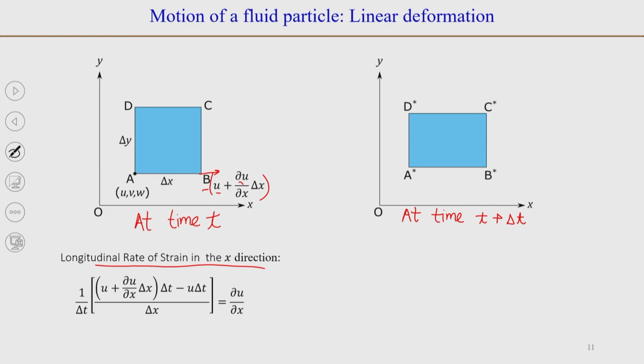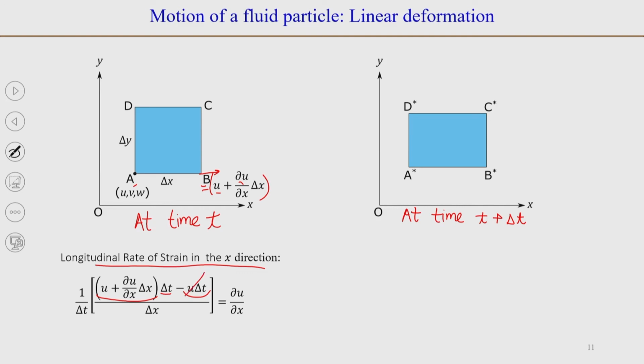The change in length of side AB is the distance moved by point B. The distance moved by point B in time delta t will be delta t multiplied by the velocity of point B, which is u plus dou u by dou x into delta x, minus the distance moved by point A in time delta t, that will be u delta t.